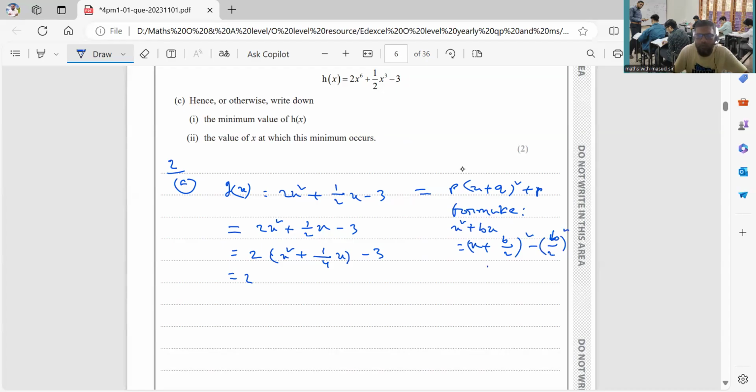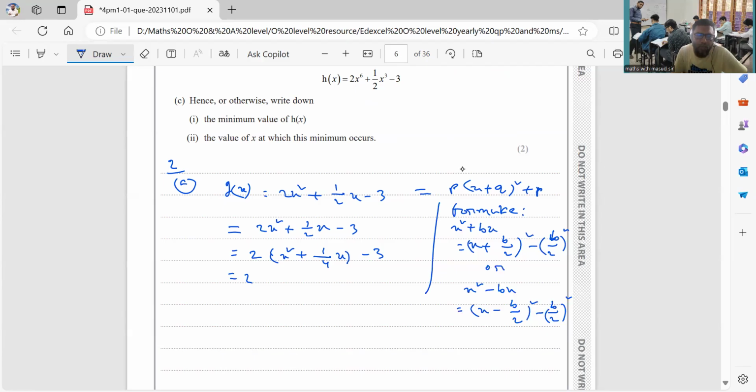Another formula is for x squared minus bx, and the formula is x minus b by 2, whole square, and minus b by 2, whole square. Sometimes you get one form, or sometimes you get the other form. Sometimes the form is given directly, sometimes you have to make this form. For this math, the form is not given directly.